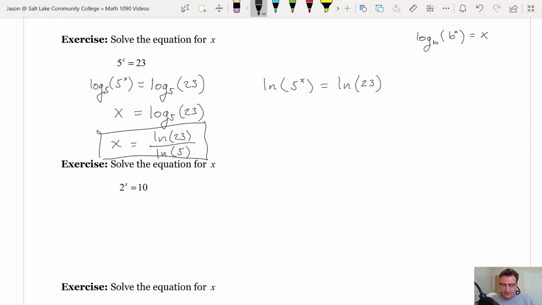Okay. Well, I haven't solved for x, have I? My x is still in the exponent, but now that it's wrapped inside of a logarithm expression, I can use the exponent property of logarithms, and I can pop that exponent x out in front of the logarithm as a multiplier. In other words, this left-hand side becomes x times the natural log of just the base, which is 5.